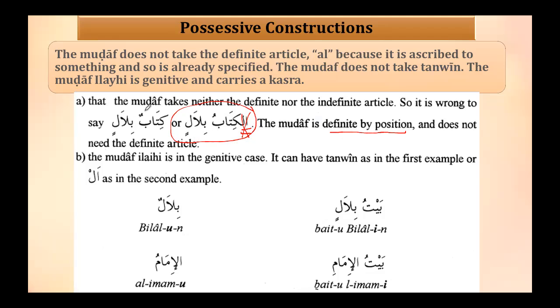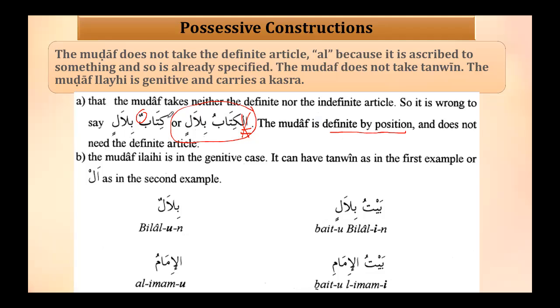You also do not put a tanween. That is also wrong. Mudaf will never ever take tanween. So it's kitabu Bilal. And now the second term will take tanween. The second term will also take al, but because Bilal is a name, you don't put al in front of Bilal, even though Bilal is definite.